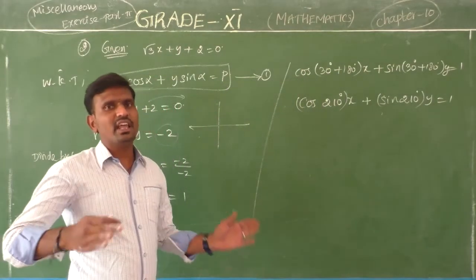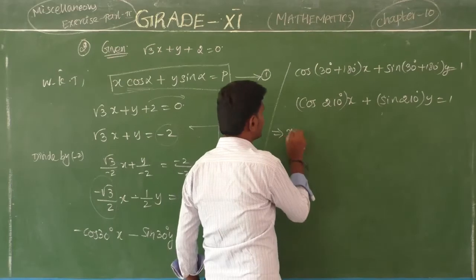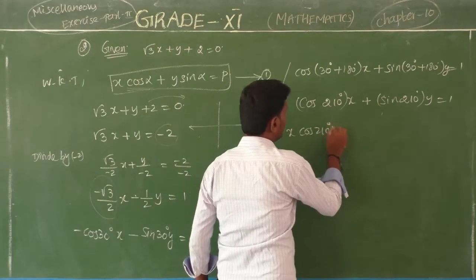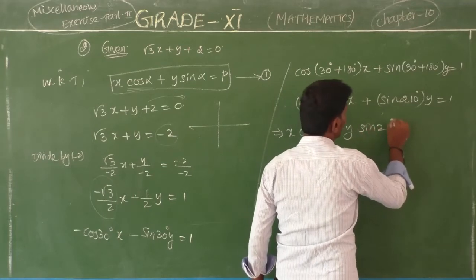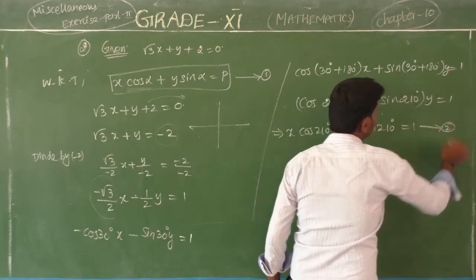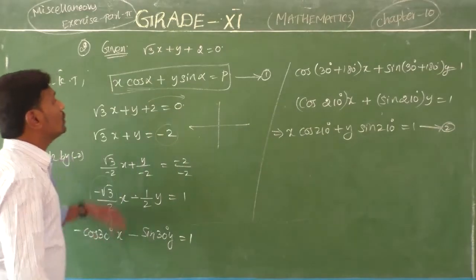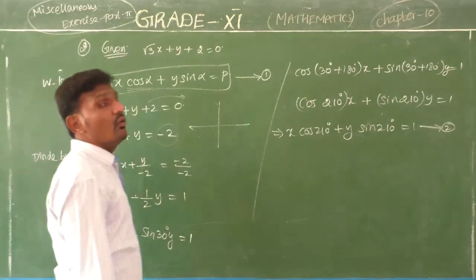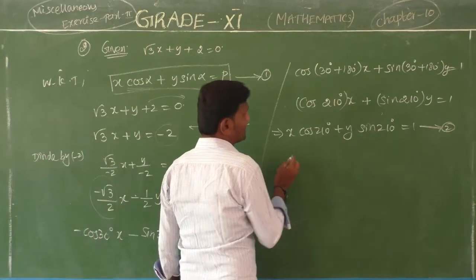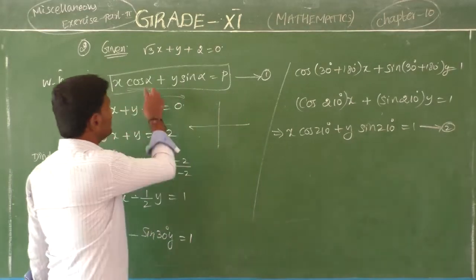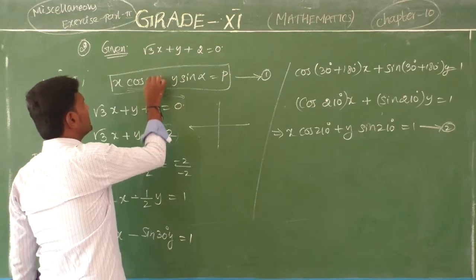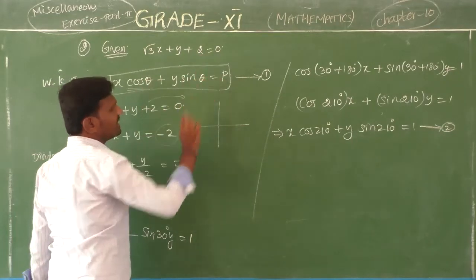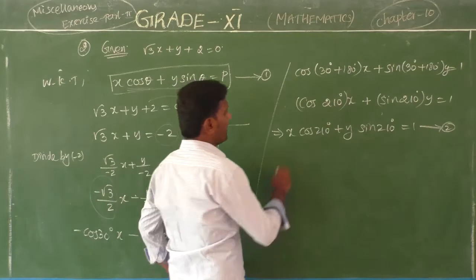As per the correct format, x into cos 210 degrees plus y into sin 210 degrees equal to 1. Take that as equation number 2. Compare equations 1 and 2.